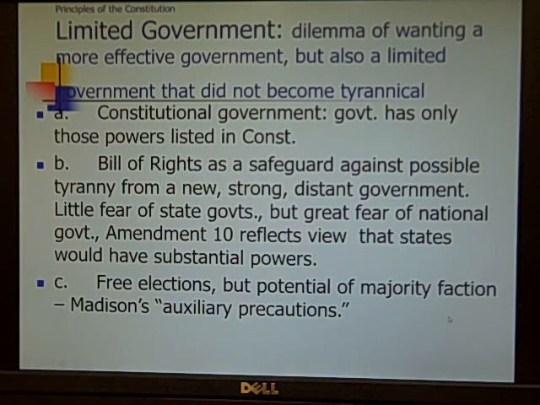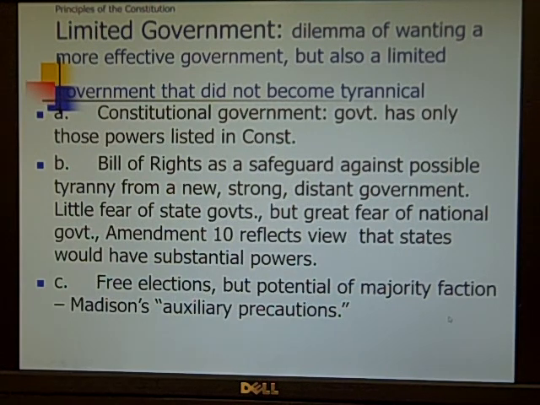Okay? So when we create a constitutional government, theoretically, and I know I mentioned this to you yesterday, the national government is only supposed to do the small number of jobs that are actually listed in the Constitution. That provides the government with its powers, and those are the powers that it should wield.